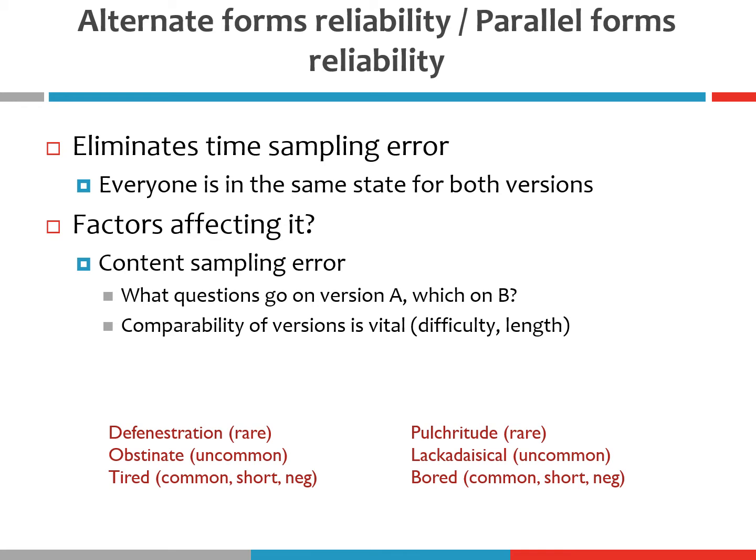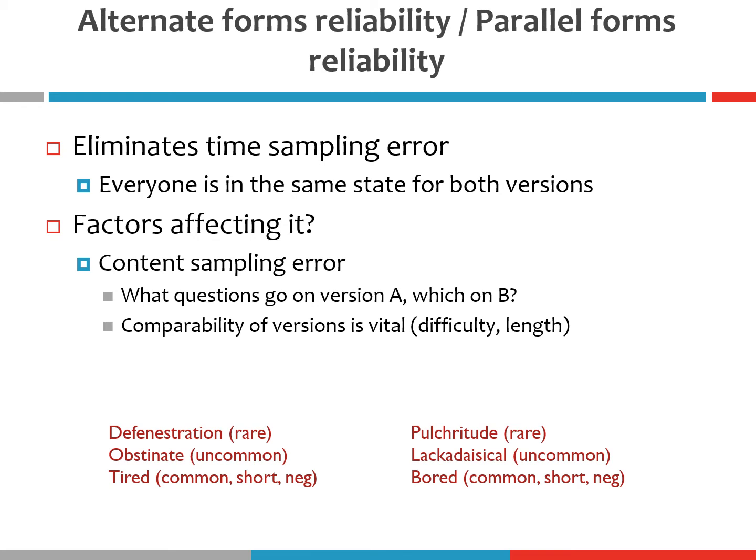And I showed you basically a bunch of different words, and some of those words were common, and some of those words were uncommon, and some of those words were extremely rare, right? So what we would want to do is to make sure that we have the same number of rare words on each version, the same number of uncommon words, and the same number of common words.